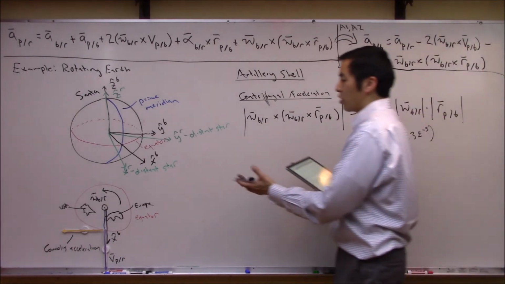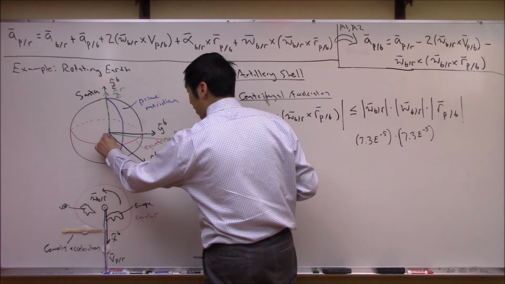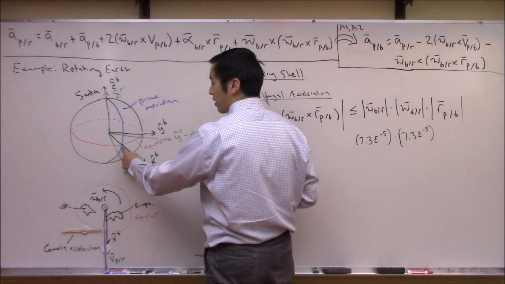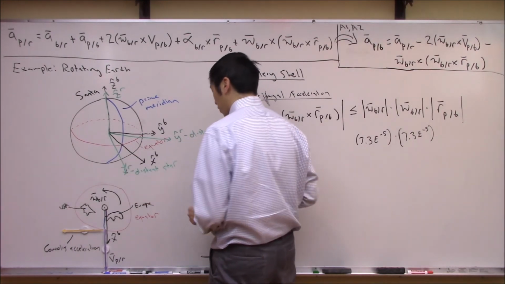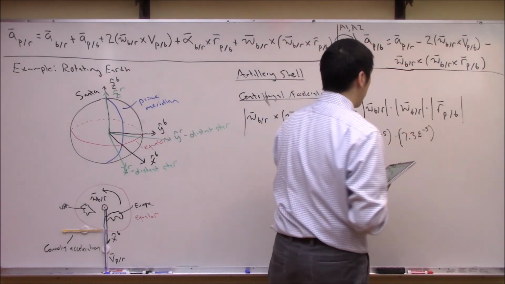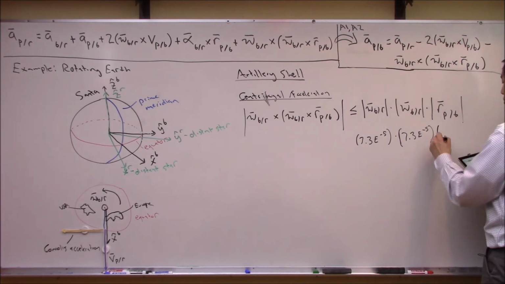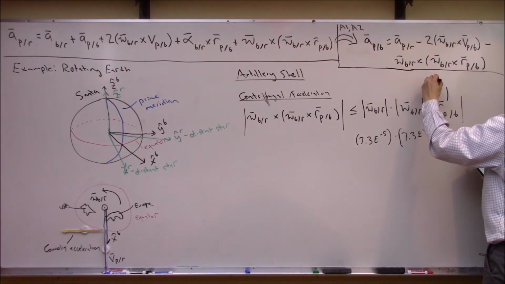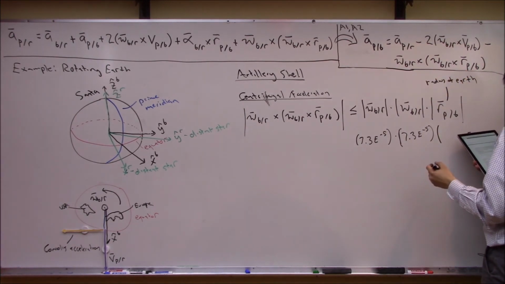Well, you can look at it in this picture. The position vector is this distance from the origin out to wherever we happen to be sitting when we're looking at the centrifugal acceleration. We're sitting on the surface of Earth, so we can see that this rP with respect to B is effectively the radius of the Earth. So maybe we should write this down. This is basically the radius of Earth, right? That's a friggin' huge number.